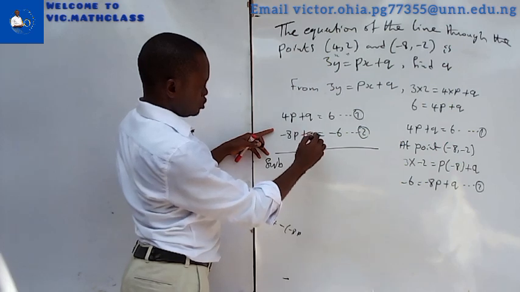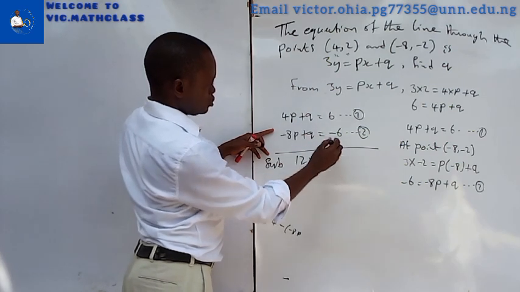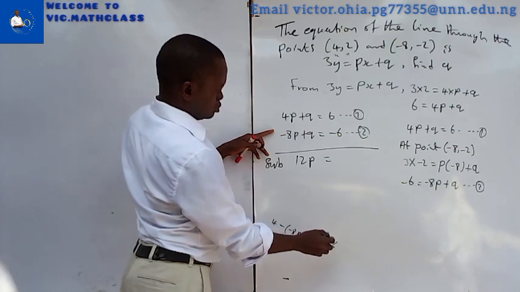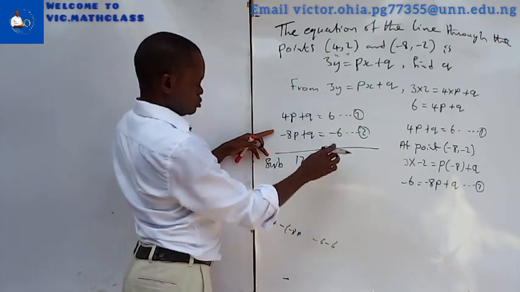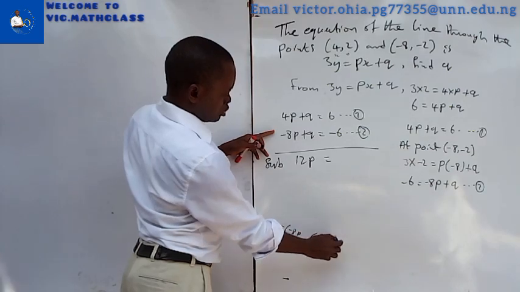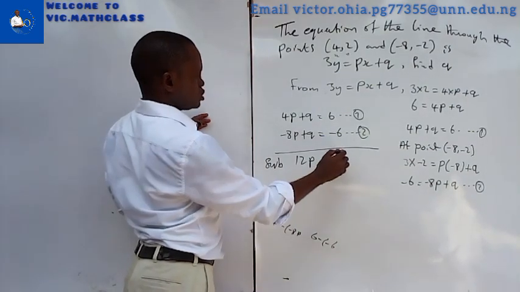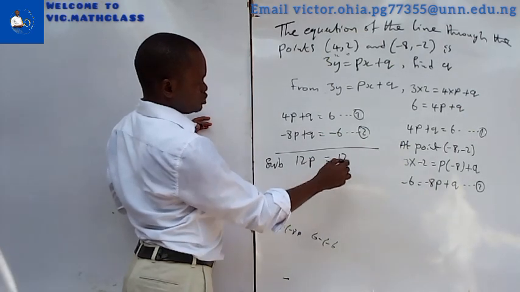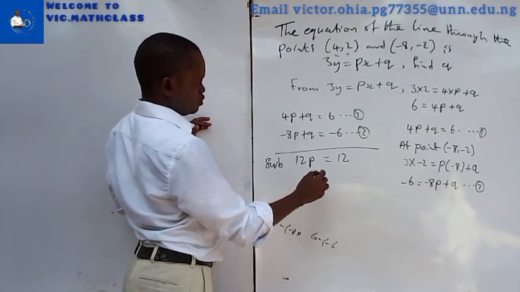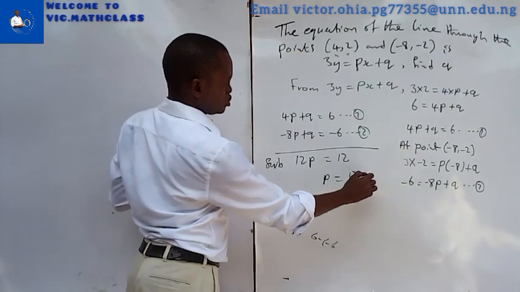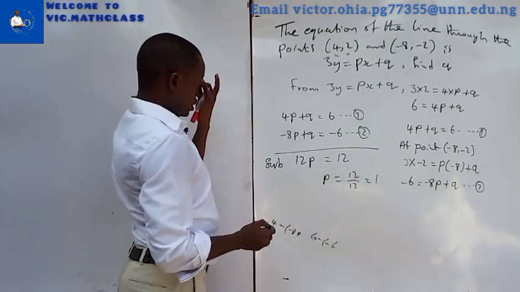This is out already. 0 equals, this is 6 minus into -6, so that we have 6 plus 6, which is 12. I'm sure that is clear. So if we divide both sides by 12, we are going to have p equals 12 over 12, which is 1. I hope that is clear.